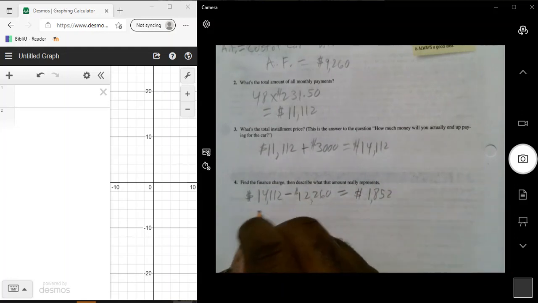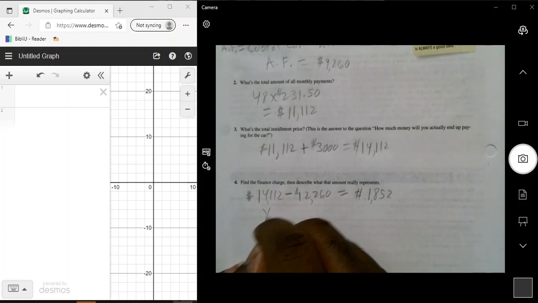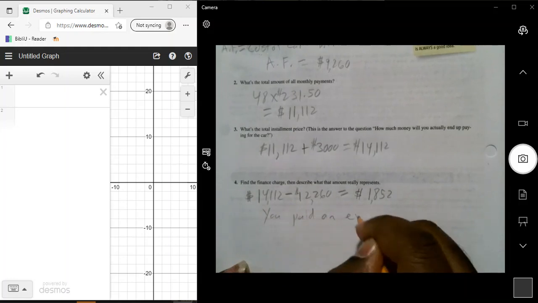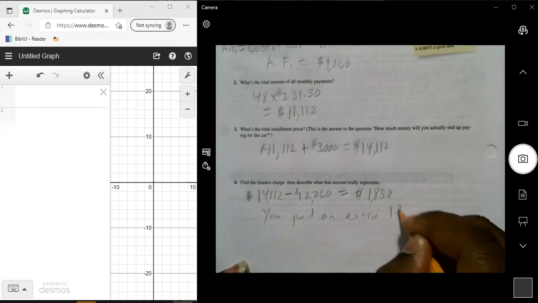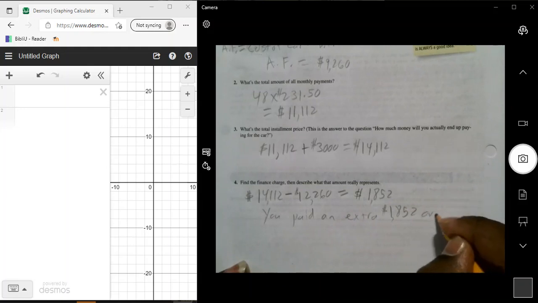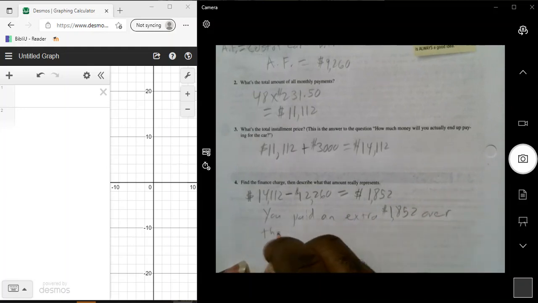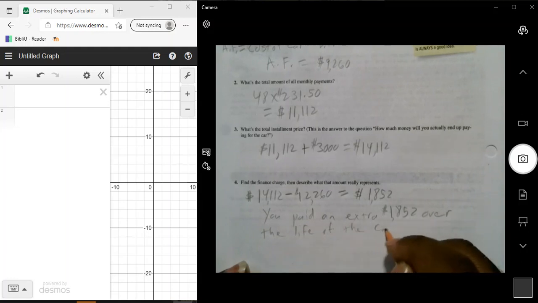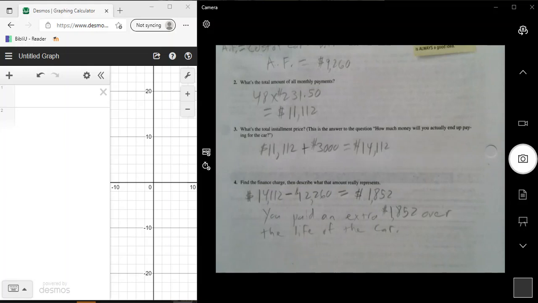So you paid an extra $1,852 over the life of the car. And that is interest. You're paying extra money over the life of the loan in order to purchase that product.